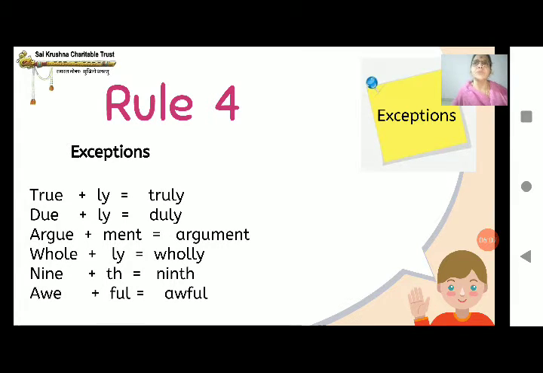Then according to the rule, what should happen? T-R-U-E-L-Y. No. Here what happens is the E is removed. So truly, when you write yours truly, it is T-R-U-L-Y, not E-L-Y. Did you all understand? True, the E is dropped and L-Y is added.